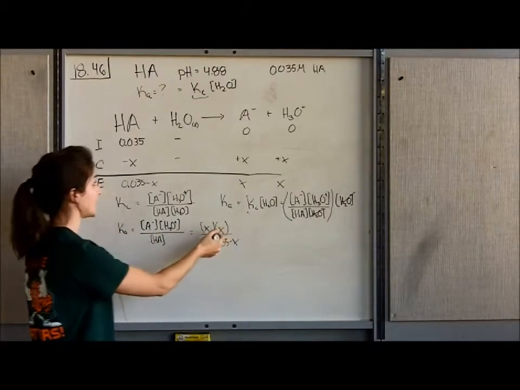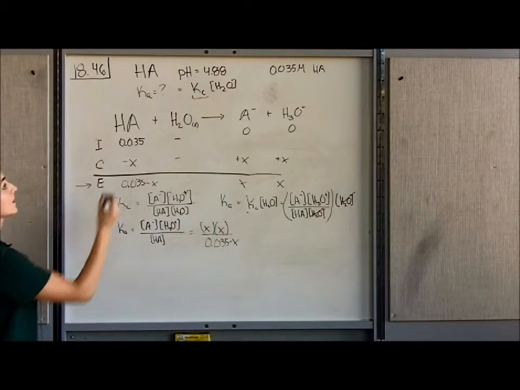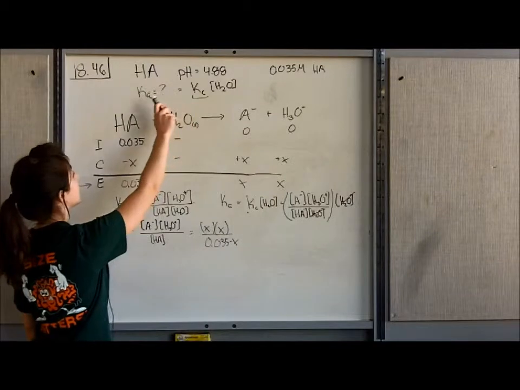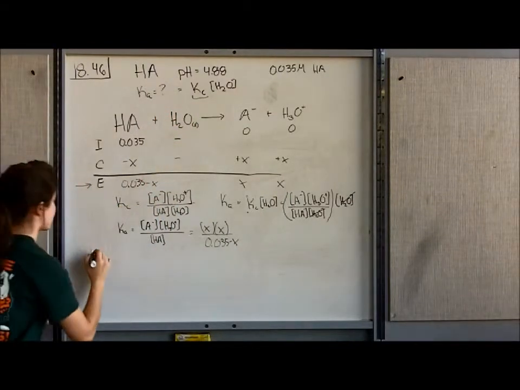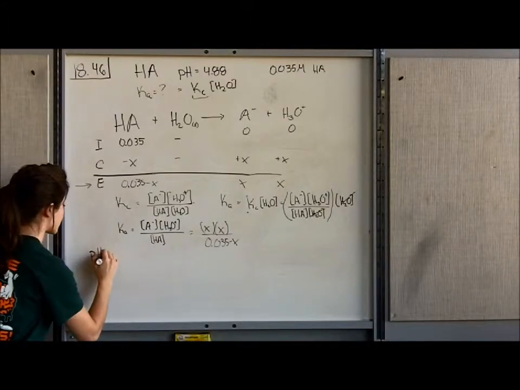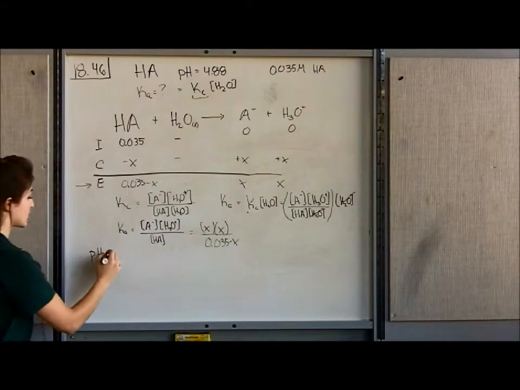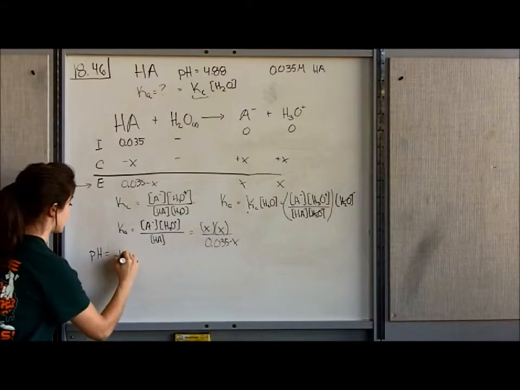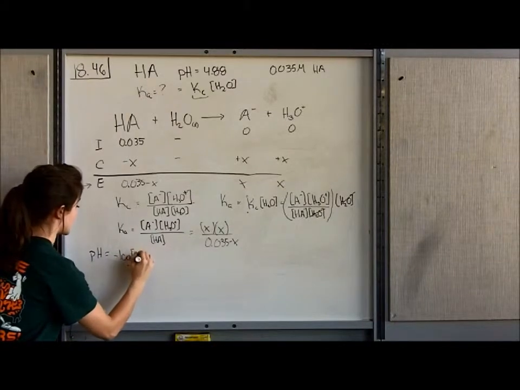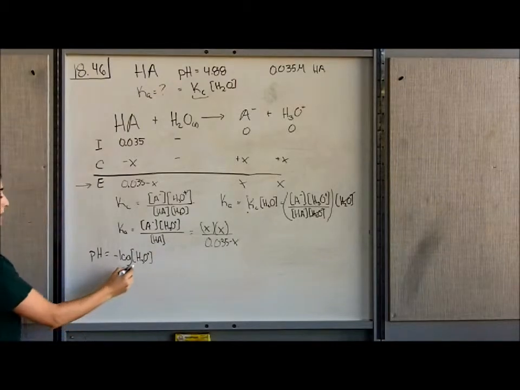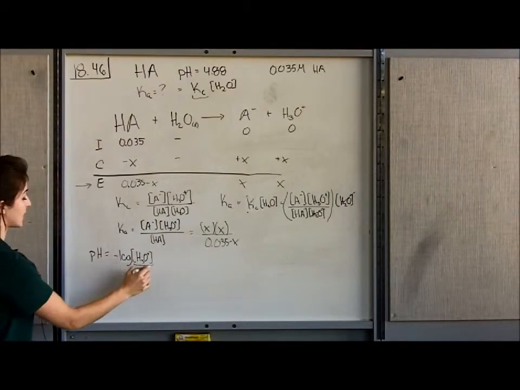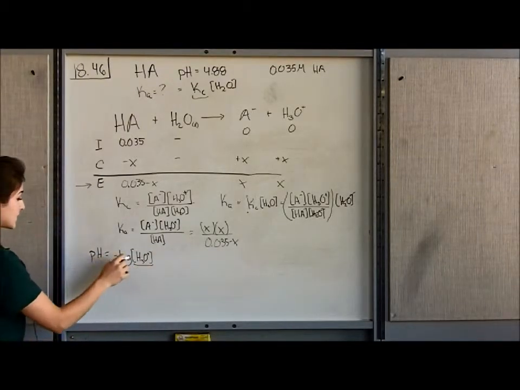Now, how are we going to find X here? Well, in the beginning, they told us that the pH of our solution is 4.88. So we can convert pH into something else we need. Our equation that we know for pH is negative log of the concentration of H3O plus. So see here we have our hydronium ion right here. So we can use pH to find our hydronium ion.